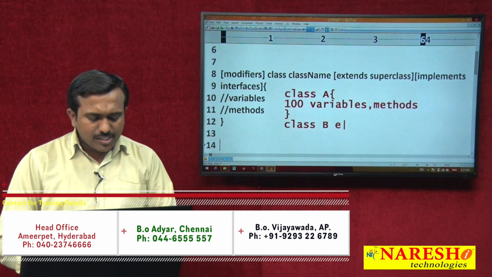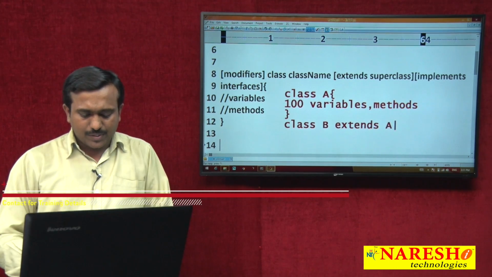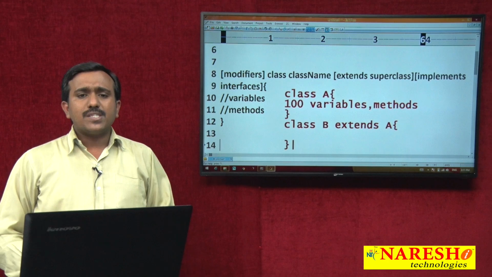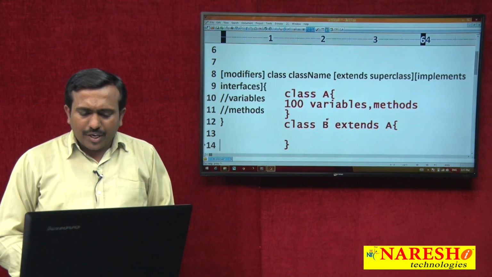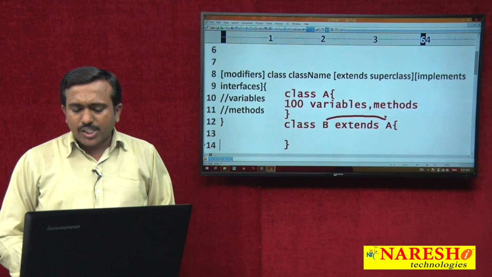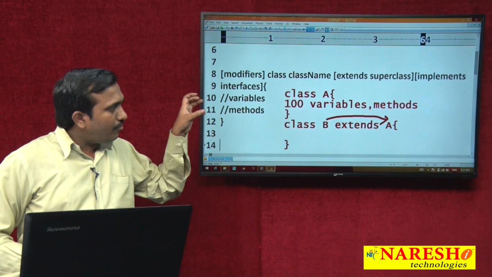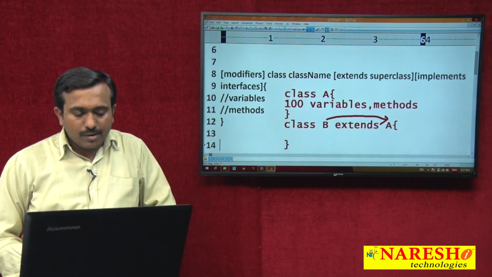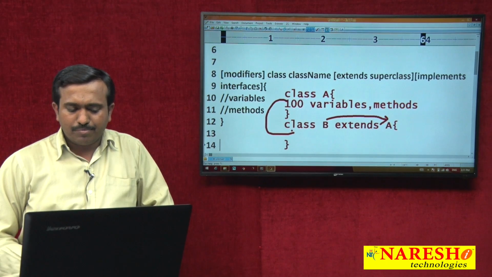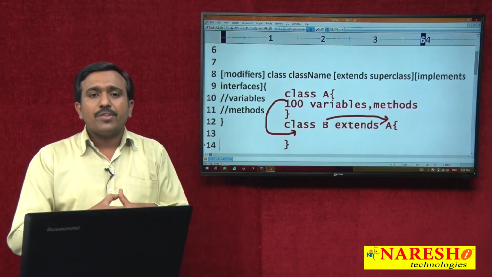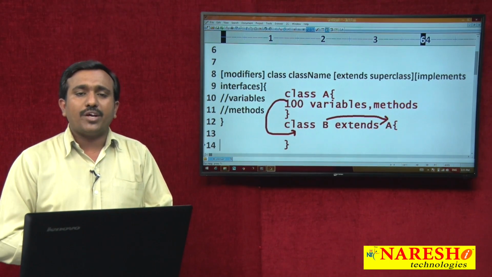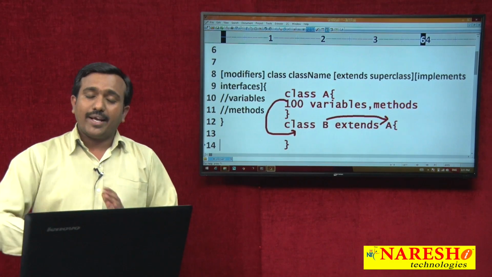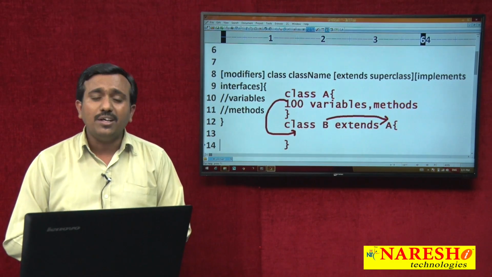By using the extends keyword, we can achieve inheritance. It means class B can extend A. When we extend A, whatever variables and methods are there in class A are available to B. So again in B, it is not required to create those variables and methods.